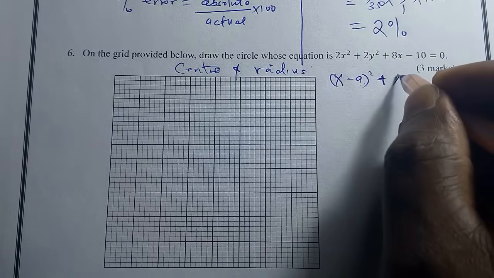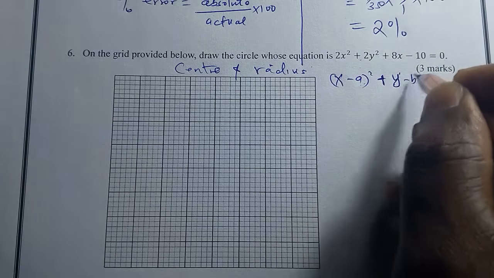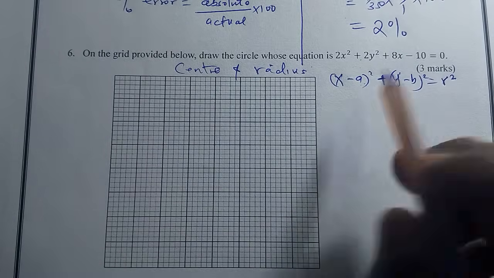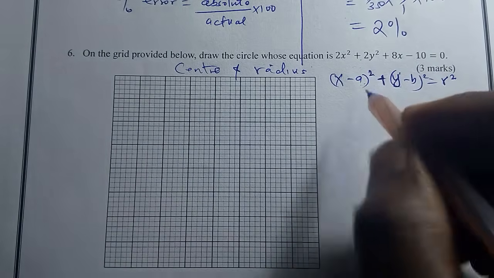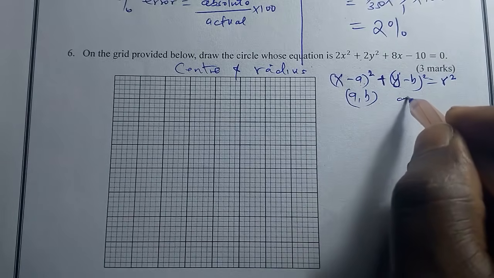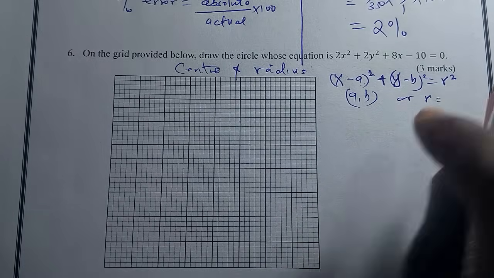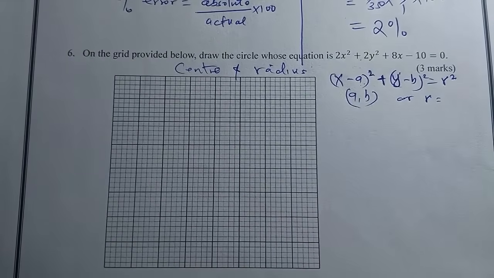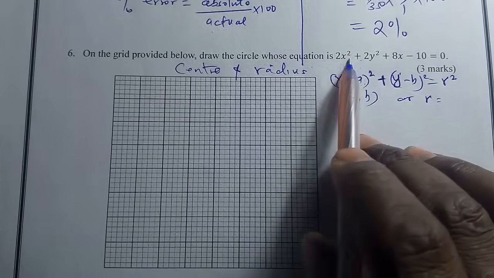Once we write it, we are able to read off that (a, b) is the center, and r is the radius. So this is what we are looking for. We use the completing square method to find these.